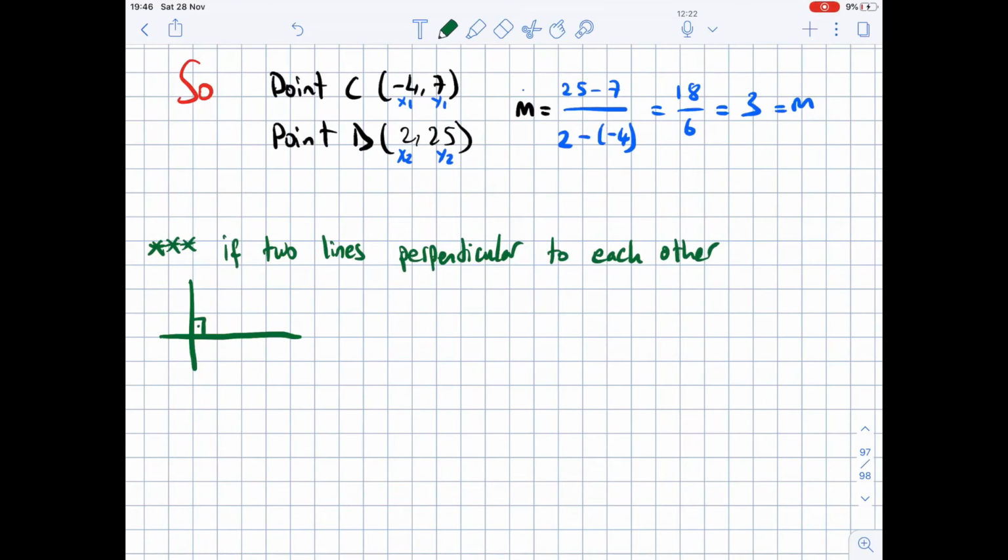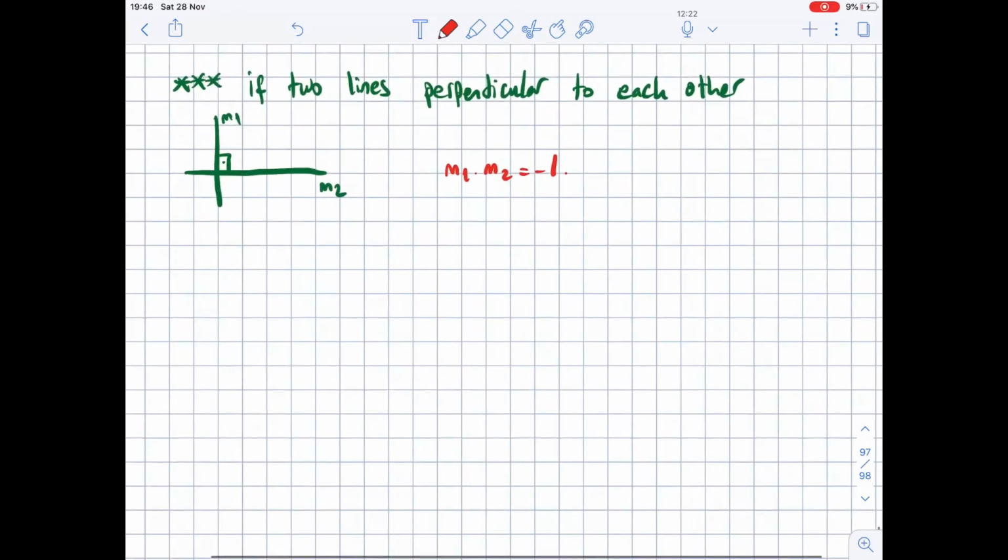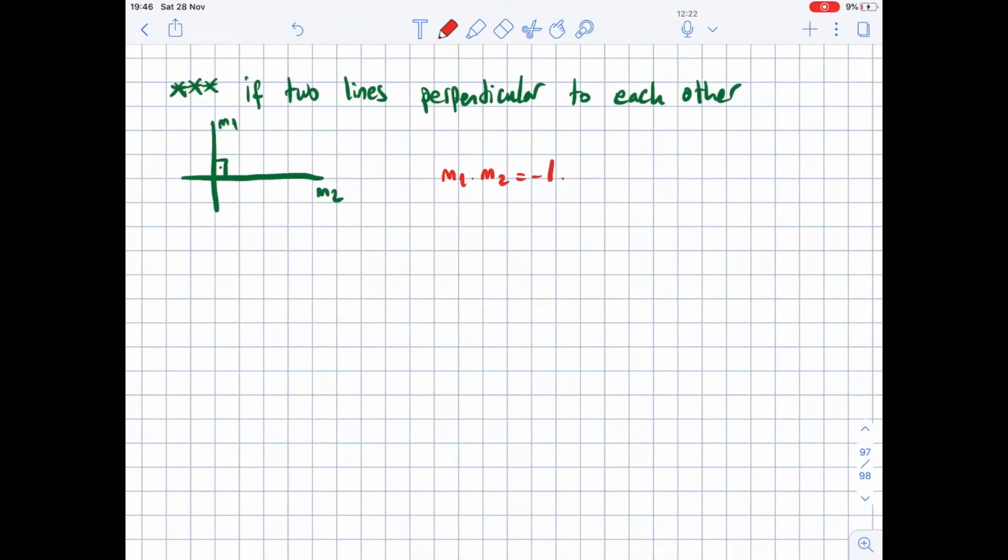The product of their gradients, M1 and M2, is -1, so M1 times M2 is -1. From the previous example, the gradient of line segment CD is 3.